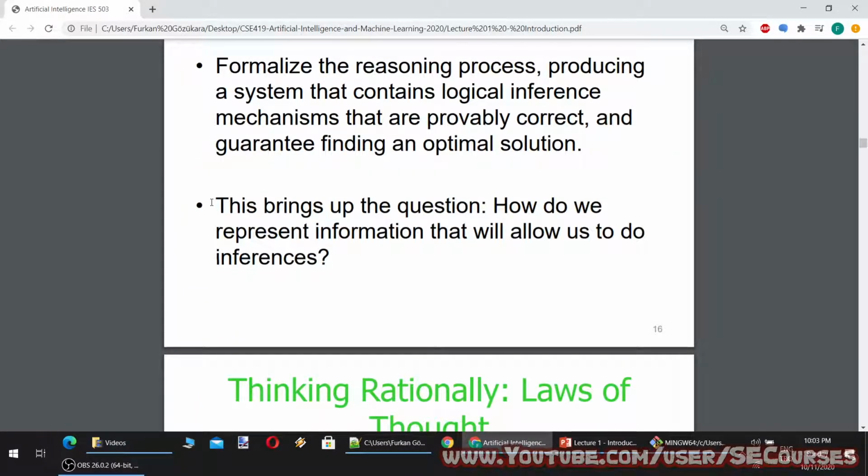One of the hardest things in artificial intelligence is representing the information to the machines. So how do we represent, let's say, a bag in the room to the computer?